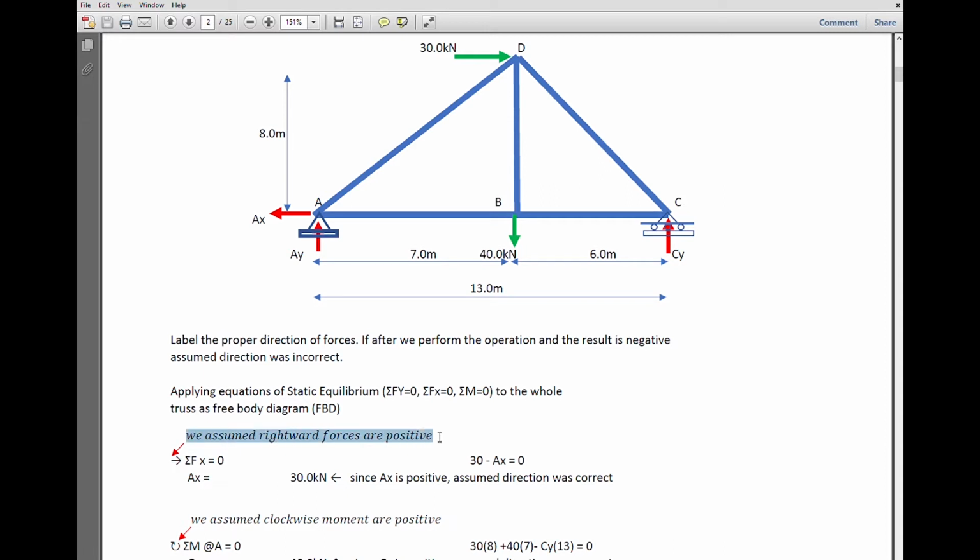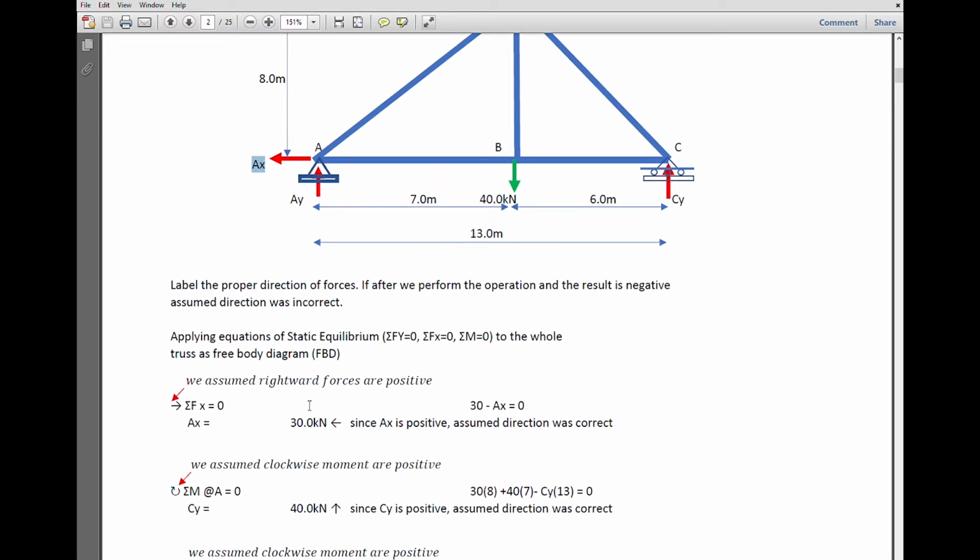Mapapansin natin yung 30 kilonewton is to the right, so positive, and AX is to the left, so that is negative. Solving that equation, makukuha natin yung value ng AX that is equal to 30 kilonewton, and it is acting to the left. Our assumption was correct.